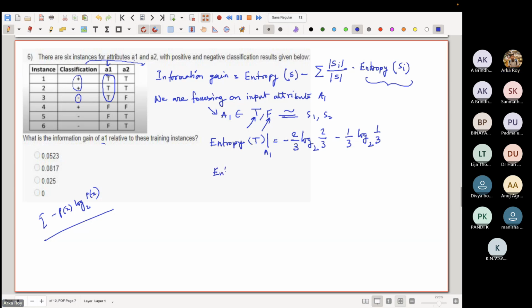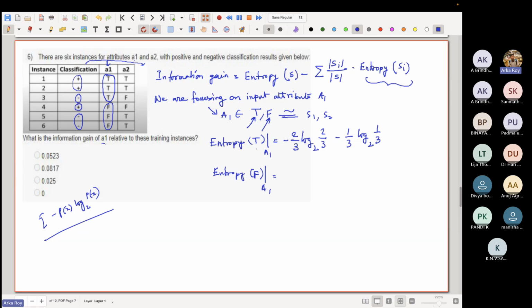Similarly, for the entropy of false, given the input attribute is A1, there are 3 instances available. Out of 3 instances, 2 belong to the negative classification and 1 to the positive classification.